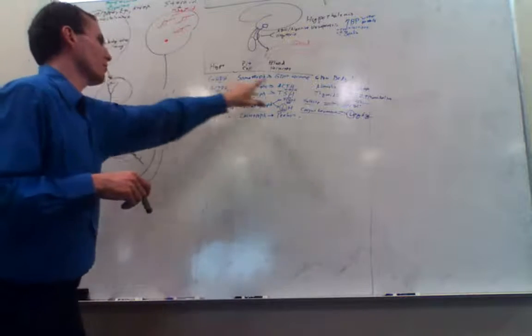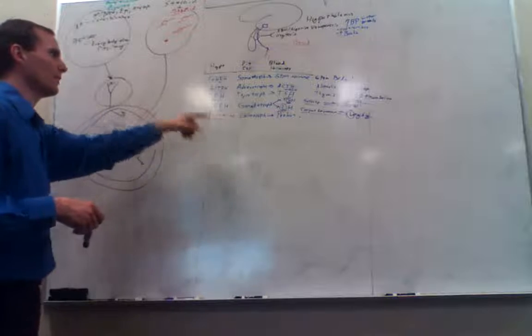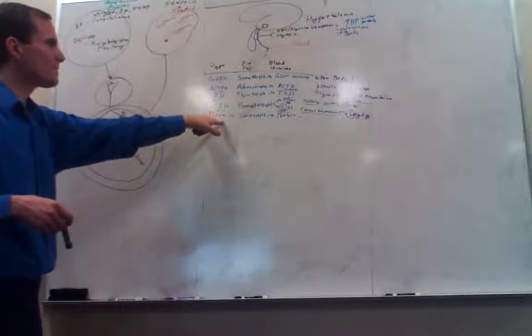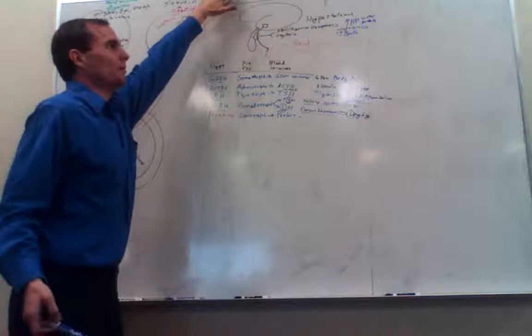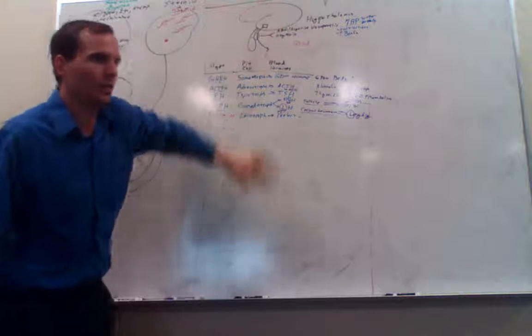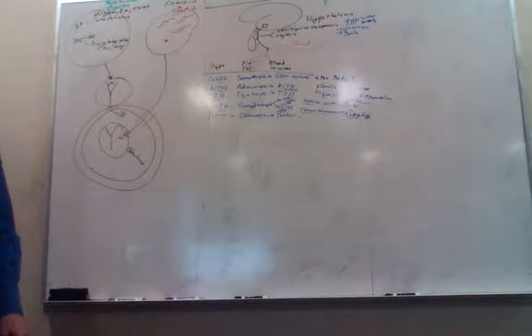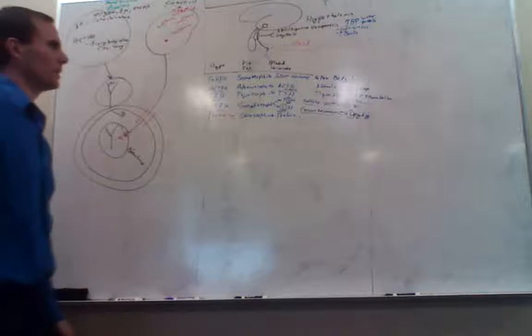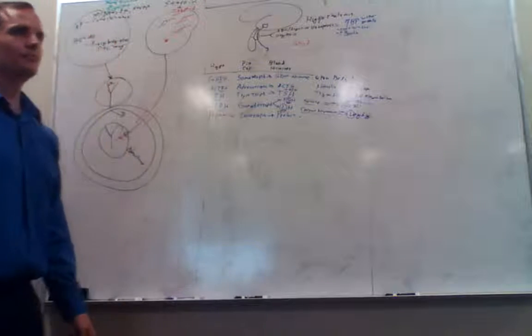Yes, so most of these are peptides. I should have been very clear. I just kind of blanket said they're all peptides. This one is an amino acid. And all of them are acting outside the cell. And that's what all of these are going to have in common. Melanocyte stimulating hormone.